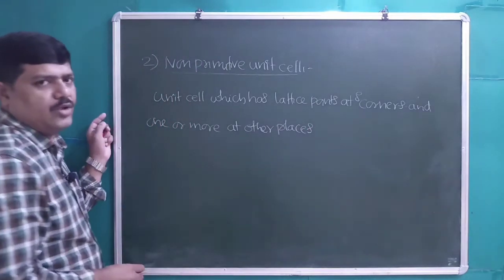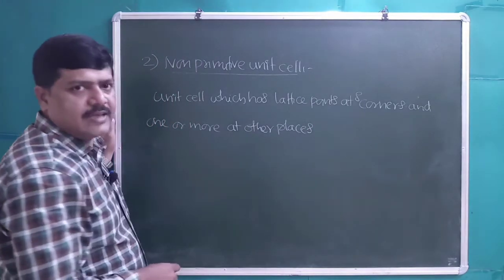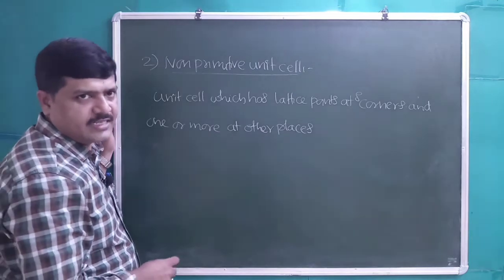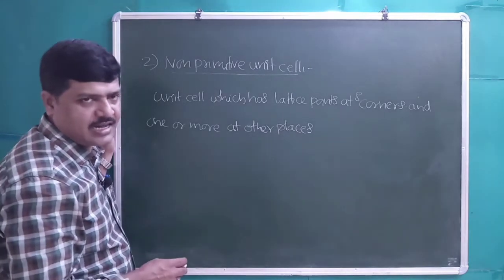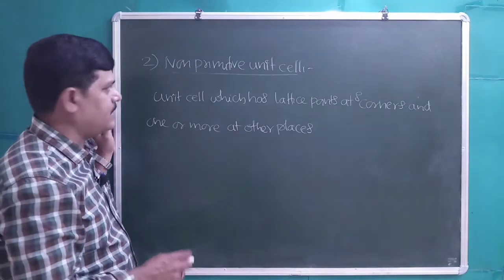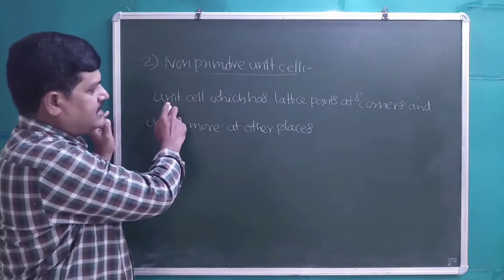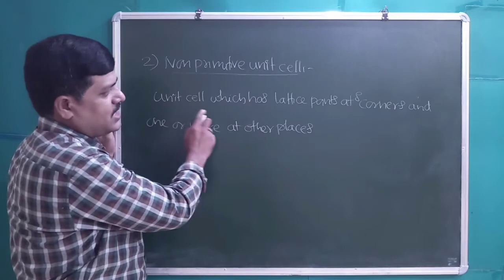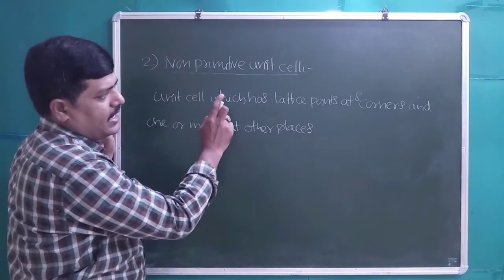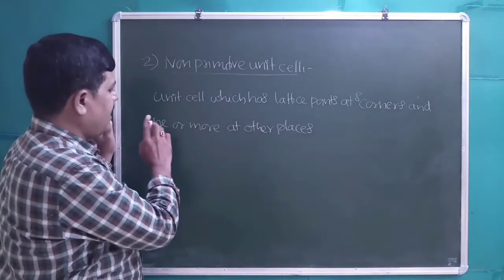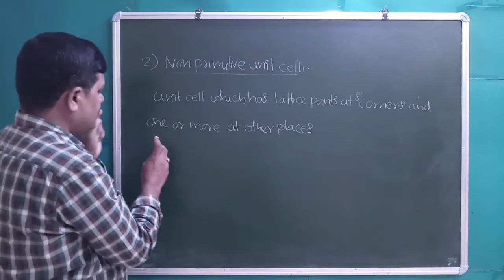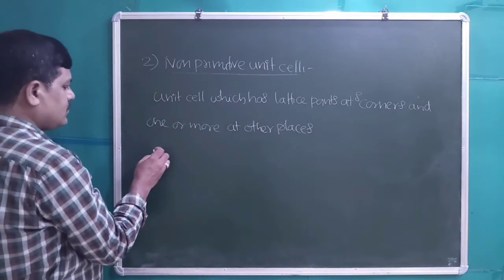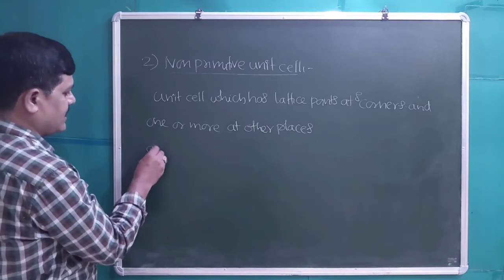Students, a unit cell which has lattice points only at corners is called a primitive unit cell, whereas a non-primitive unit cell has lattice points at 8 corners and one or more at other places.